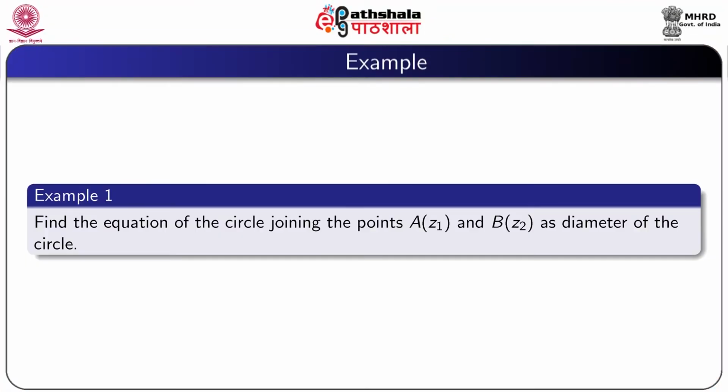We also show that the sum of the 3 interior angles of a triangle is pi. So, now we give an example. Find the equation of the circle having the points A and B with respective coordinates z1 and z2 as the diameter of the circle.